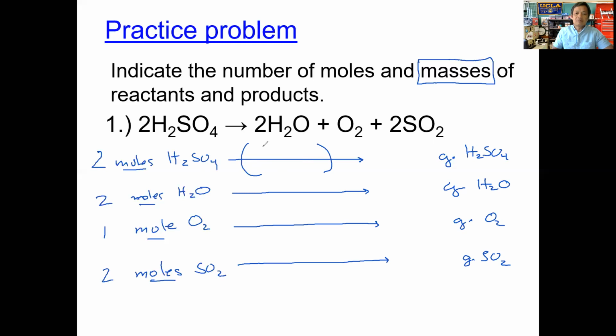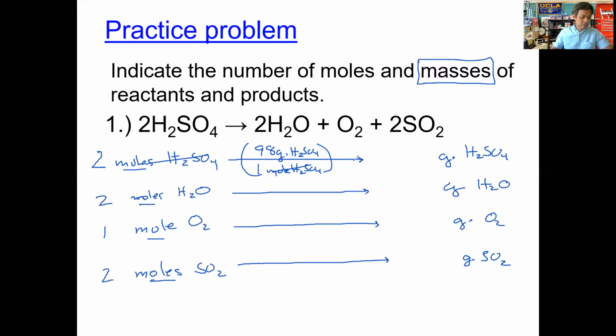We would set it up with 98 grams of H2SO4 on top over 1 mole of H2SO4. The reason the unit mole stays on the bottom is that we can cancel it out with the moles in the given quantity, and we end up with grams. All this is hopefully review for you folks.